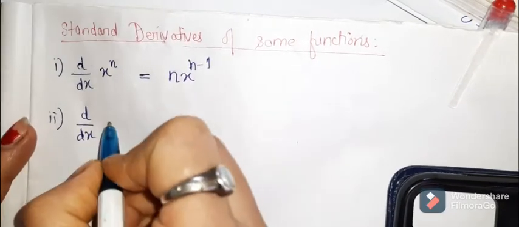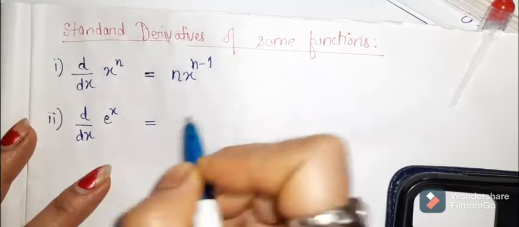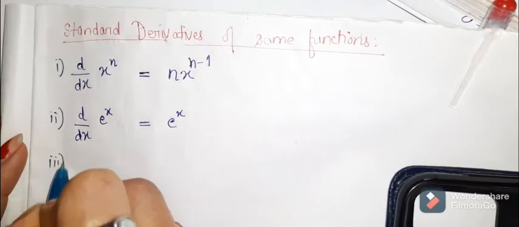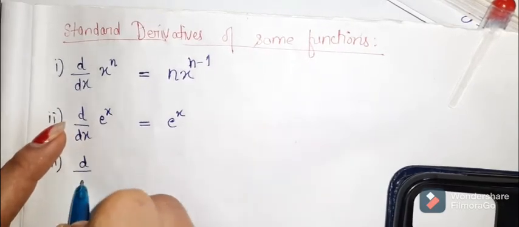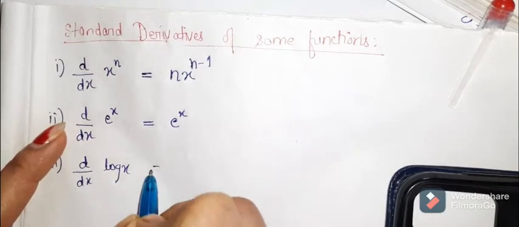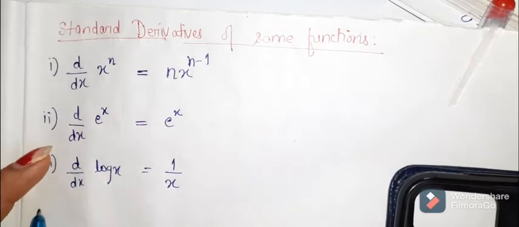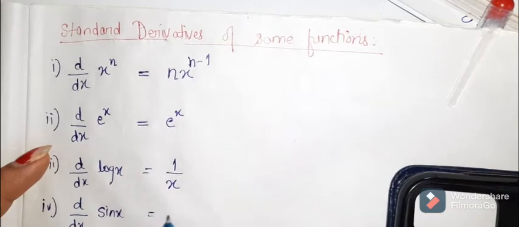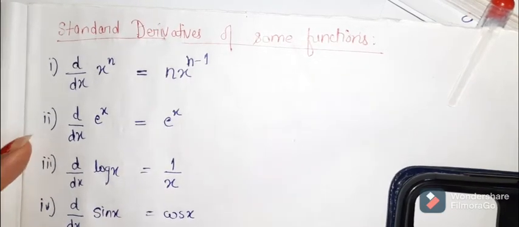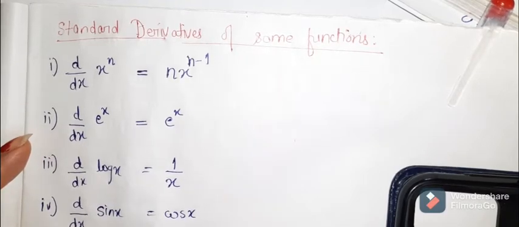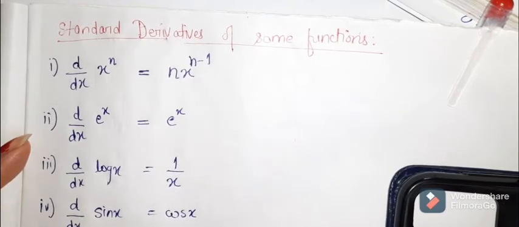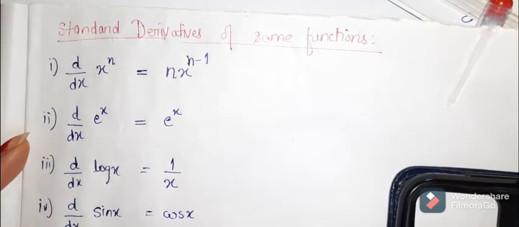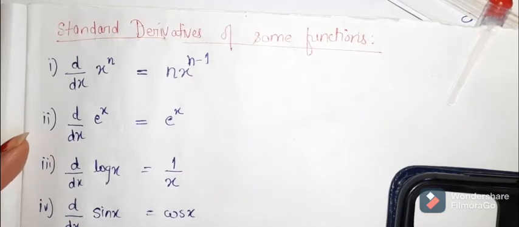d dx of e to the power x, the exponential function, is e to the power x. d dx of log x equals 1 by x, and there are special trigonometric functions: d dx of sin x equals cos x, d dx of cos x equals minus sin x, d dx of tan x equals secant square x.